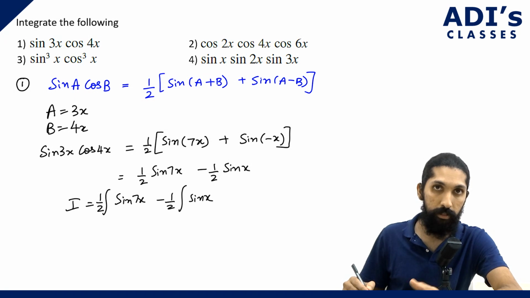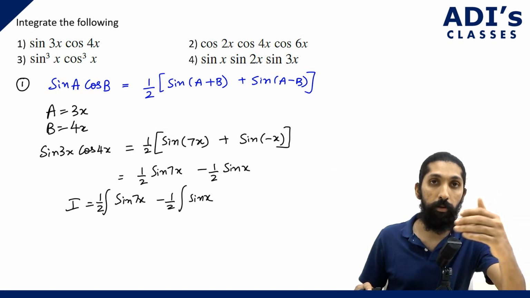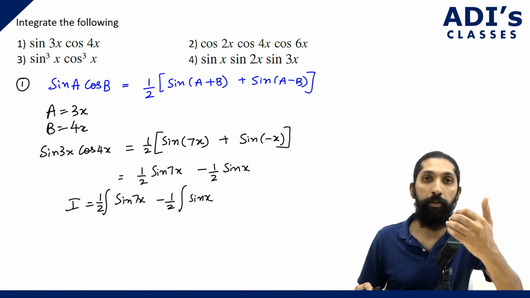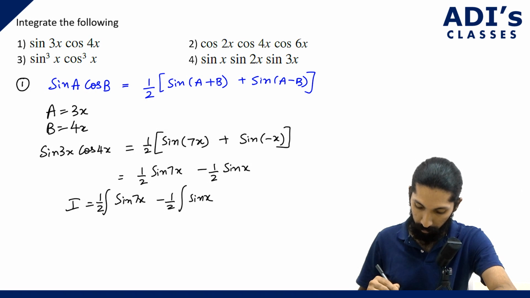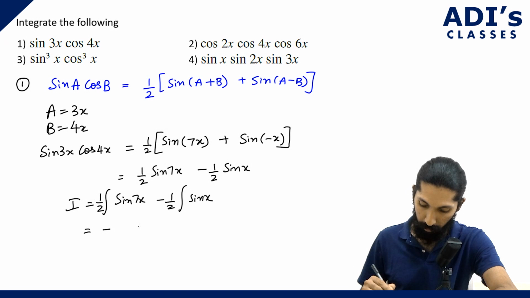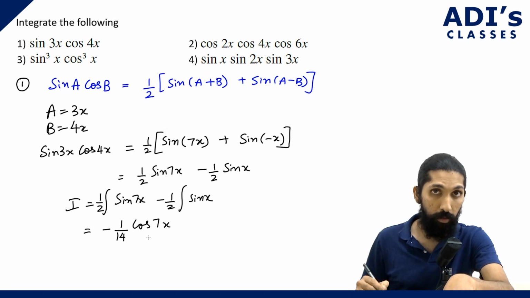Of course, dx is there everywhere. Now, the integral of sine 7x is going to become 1 by 7 into minus cos 7x, or this is going to become minus 1 divided by 14, that's 2 into 7, minus 1 by 14 cos 7x. Sin 7x gives minus cos 7x.